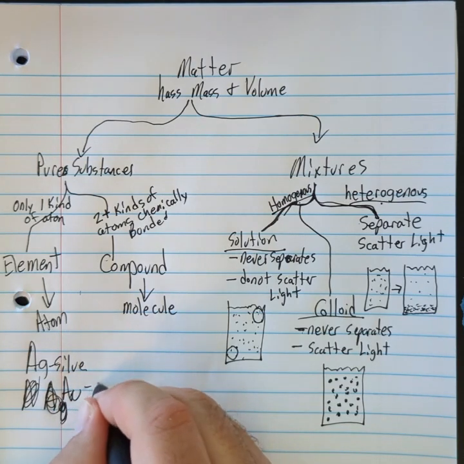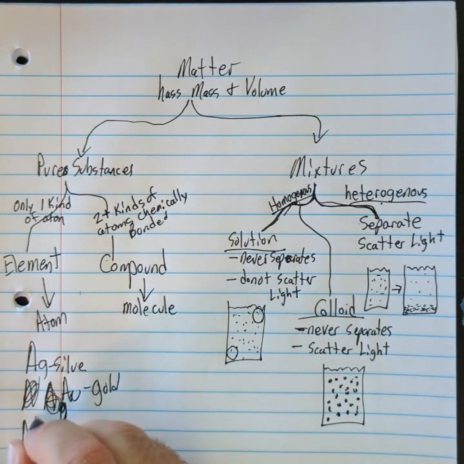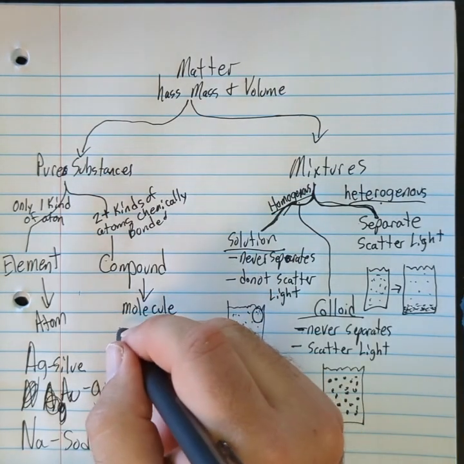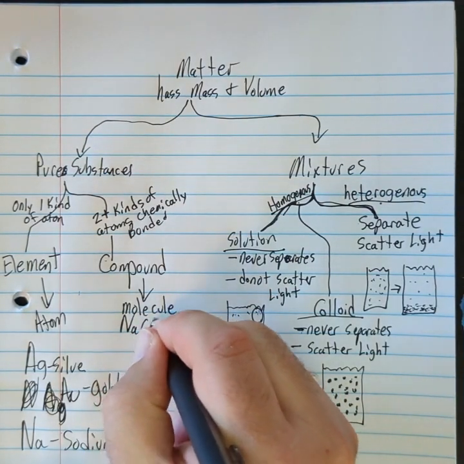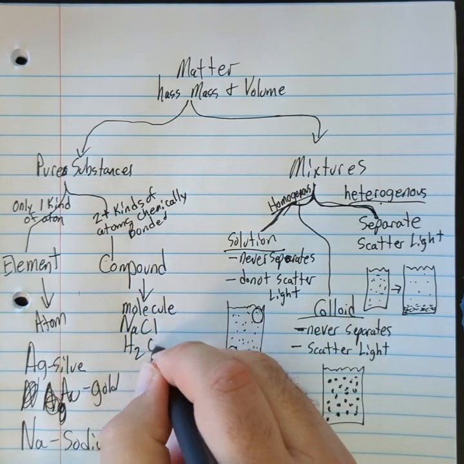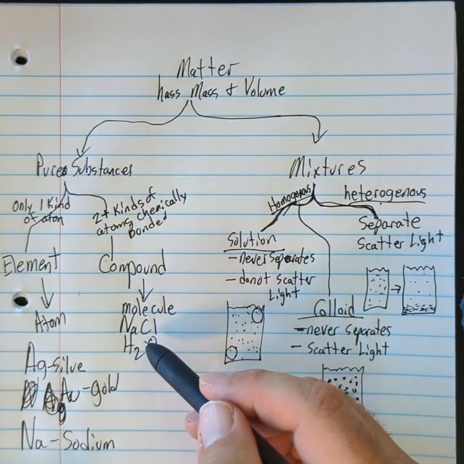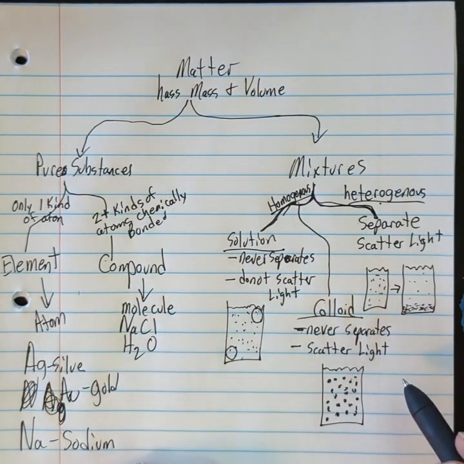Au is gold. Na is sodium. There's 118 elements on the periodic table. Compounds could be things like NaCl or H2O. There's more than one kind of element and they're bonded together.